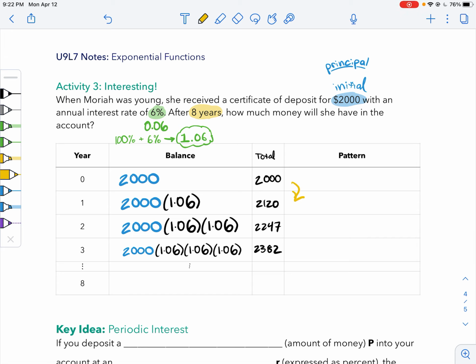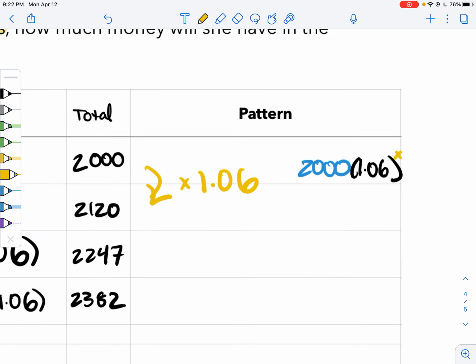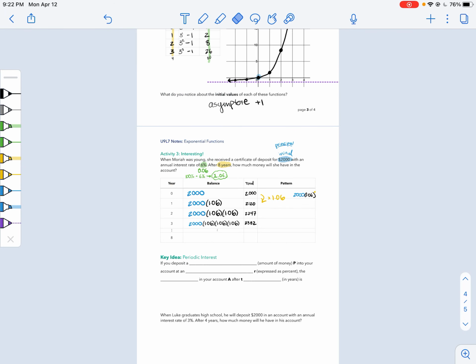Every single time, we're multiplying times 1.06. That is, we're taking whatever we have, and it's 2,000 times 1.06 that many times. So if the year is X, the amount we get, actually, let's do T for time.